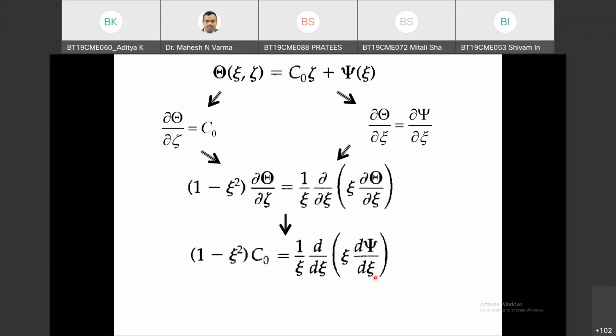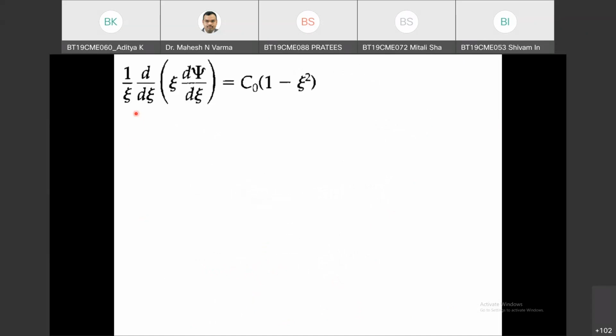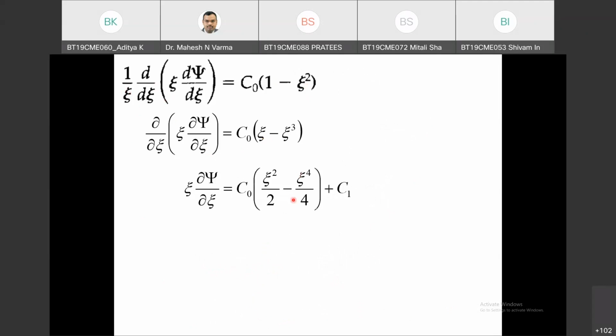Now solving this is very easy. Rearrange this equation and integrate it twice. First of all, you can move this epsilon here. Integrating, first integration, this will be epsilon square by 2 and epsilon raised to 4 by 4 plus C1, one more constant of integration.